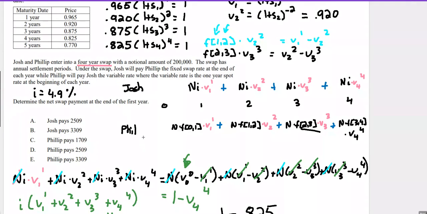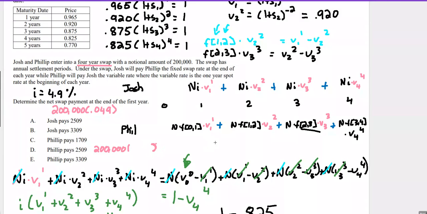Okay, so the first year, Josh is going to pay 200,000 times 0.049, right? And he's going to receive from Phil 200,000 times the forward rate. So what was the forward rate from 0 to 1?